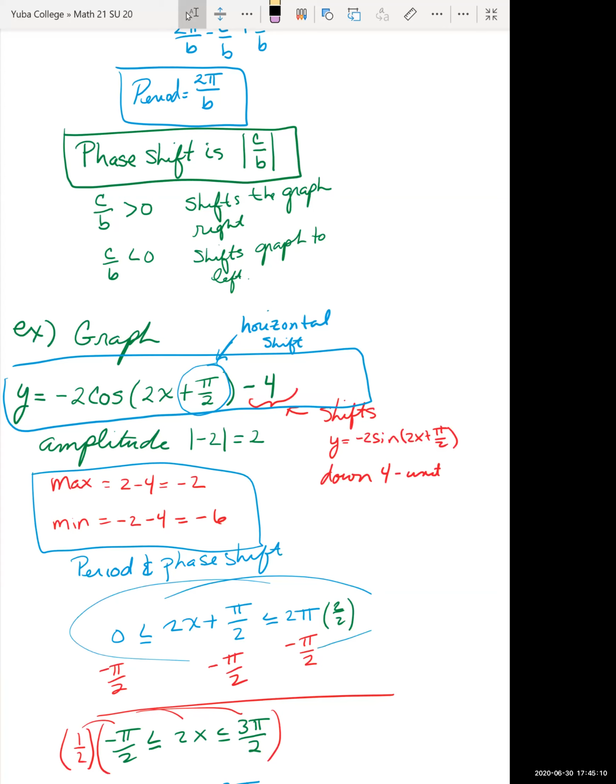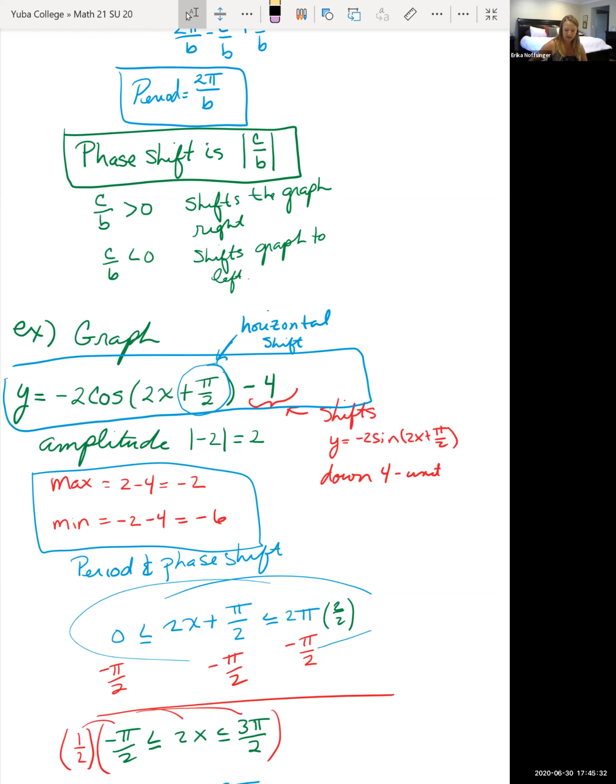I would think that it's not an absolute value because it can be negative, right? And if it's negative, it goes to the right. Yeah, if it's inside the parentheses of the argument, then it goes to the right if it's negative. If it's positive, it's going to go to the left.